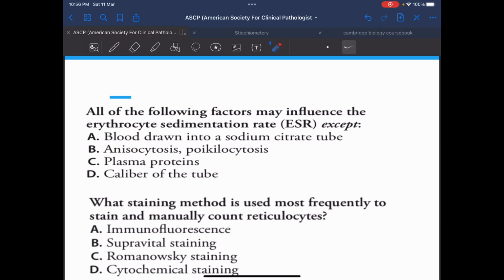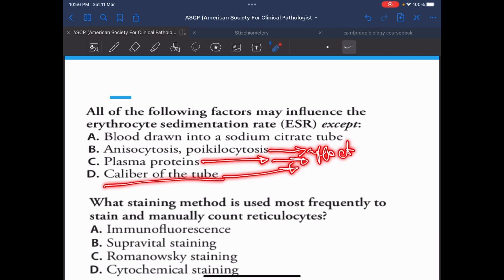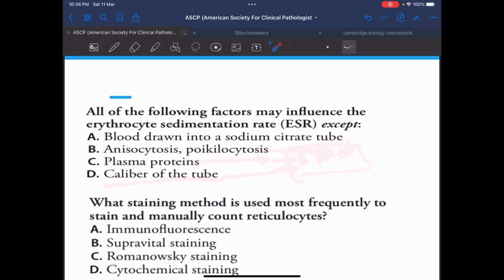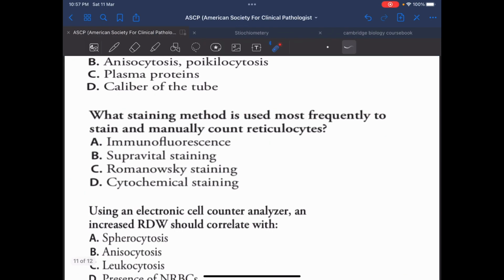Anisocytosis and poikilocytosis will affect the ESR. Plasma protein also will affect the ESR. Caliber of the tube will also affect the ESR. So only drawing the blood into sodium citrate will not affect the ESR test.